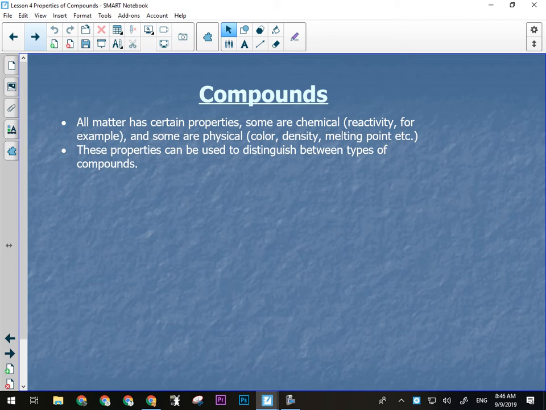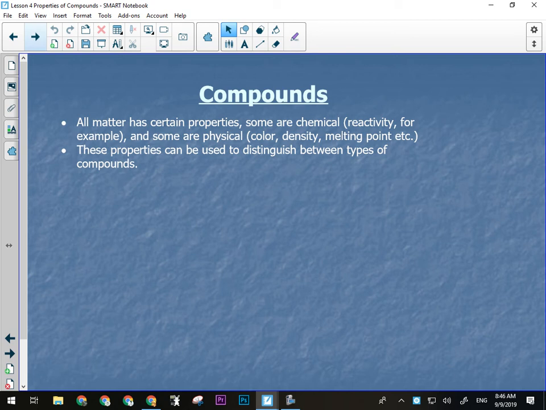Okay, like for example, if I had never encountered gasoline before, if I'd never seen this stuff, had no idea what it was or what its uses were, would I know that it could catch on fire or explode just by looking at it? No. Okay, because that's a chemical property. I don't know that this stuff is highly reactive with oxygen until I find out, which might be bad. Okay, so I can't tell if something has certain chemical properties until I see them in action, and that requires whatever it's going to react with to be present.